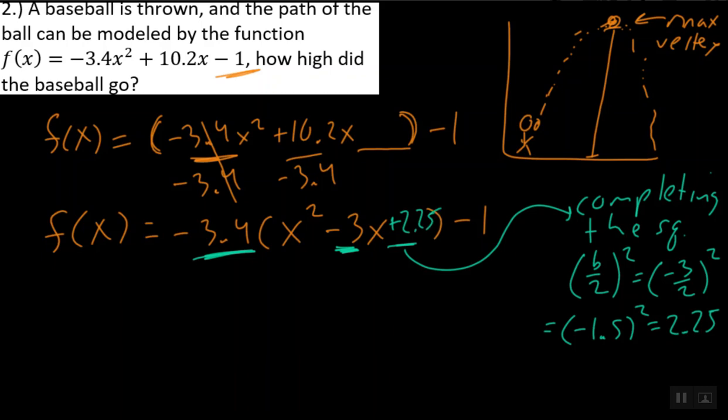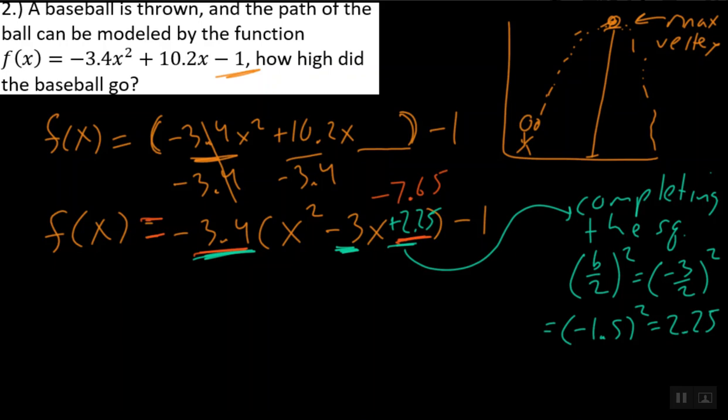Now from here, remember what you've just done is you've added that to the right side of this equation, but we have to keep it balanced. And so what we want to do is take that positive 2.25 and multiply it by the negative 3.4. So let's go ahead and grab our calculator. Negative 3.4 times 2.25, and that's going to give us negative 7.65.